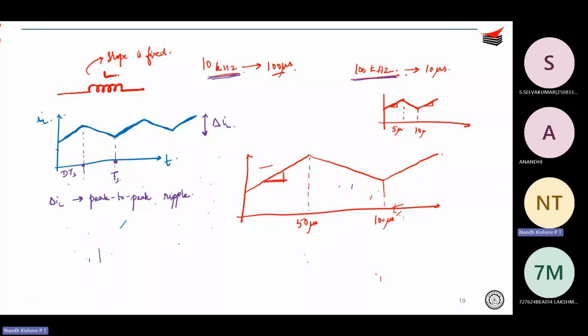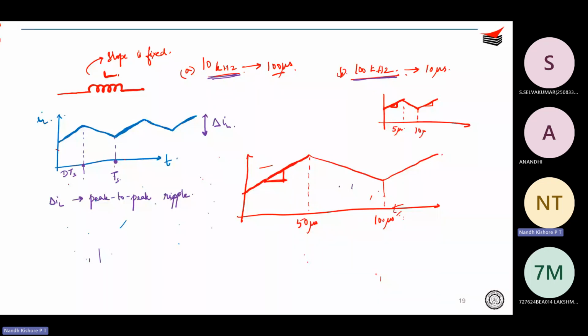That's why I told you, if you have the same inductor, you have the same slope. If the slopes are the same, then you see that the rising slope is only for 5 microseconds in the 100 kilohertz case, but in the 10 kilohertz case, the rising slope is for 50 microseconds.